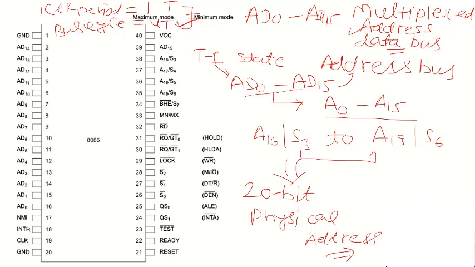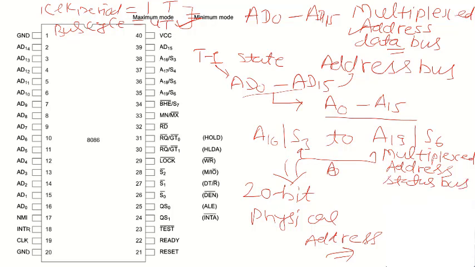Similarly, the status signals are multiplexed with this address bus. So this is called the multiplexed address status bus.